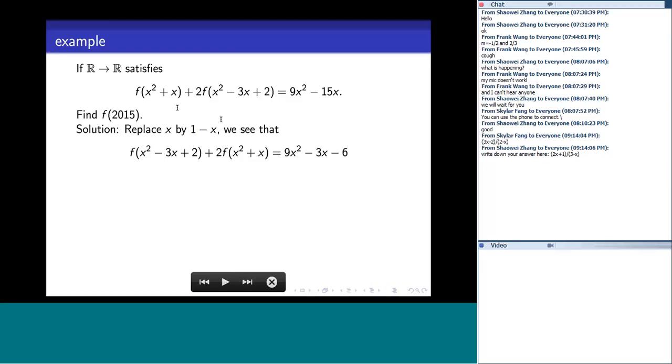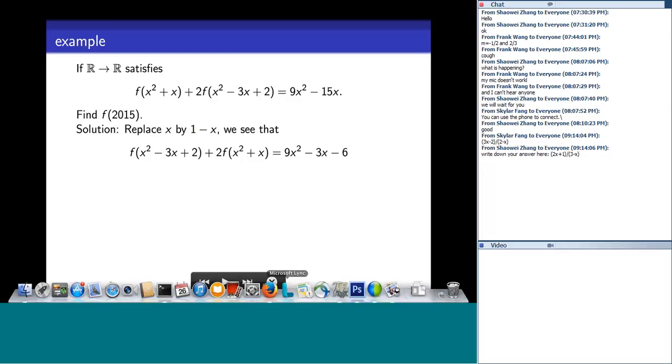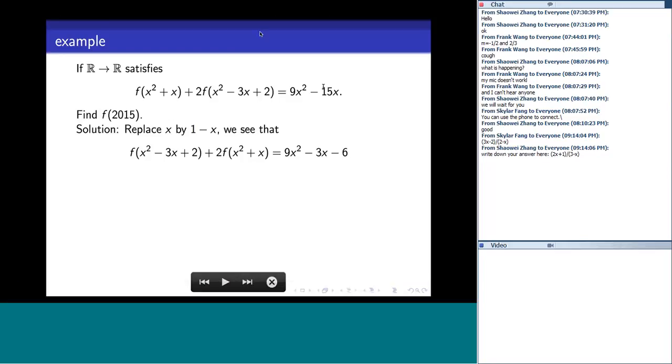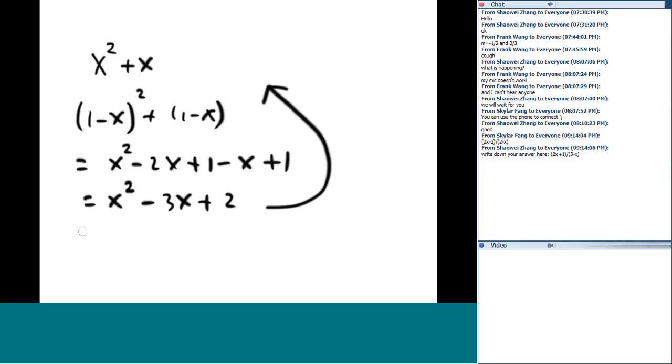Okay, this identity is true for any x in the world, especially it's true for 1 minus t, for example. Then you come back to x again, so it's 1 minus x. So it's true for 1 minus x. When x switches to 1 minus x, the right side becomes 9(1 minus x) squared minus 15(1 minus x).